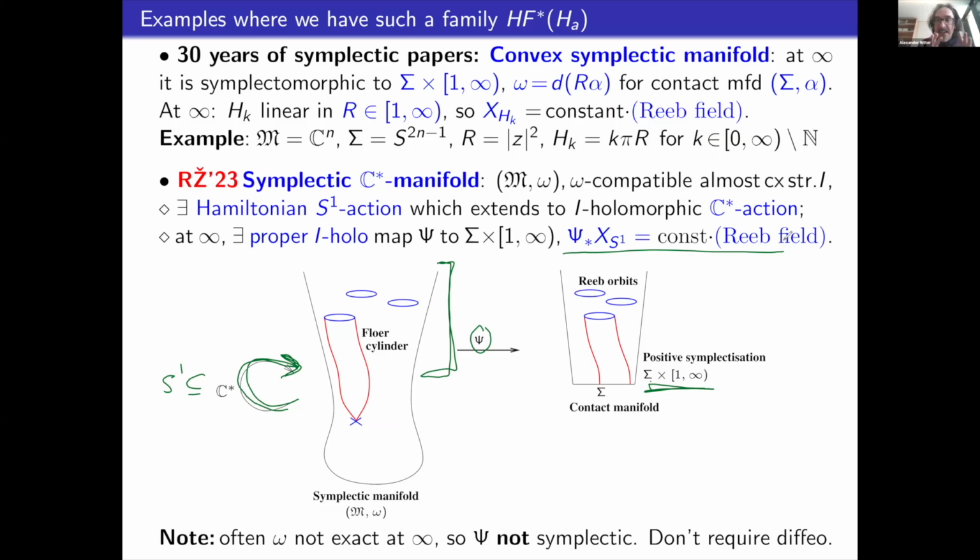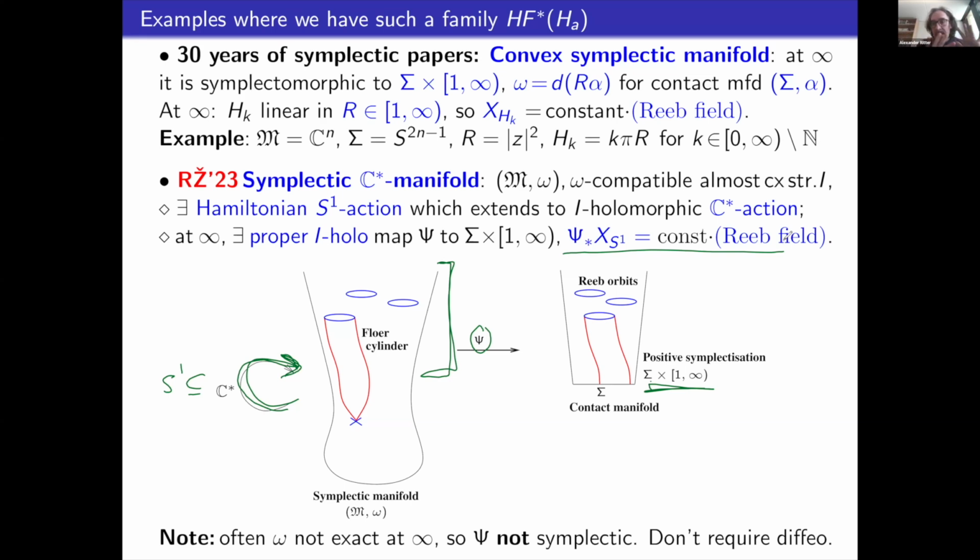So what this means is that I have some control at infinity, because if I pick my Hamiltonians to be, for example, a linear multiple of the moment map of the S1 action, then basically my one orbits of the Hamiltonian are like S1 flow but accelerated.